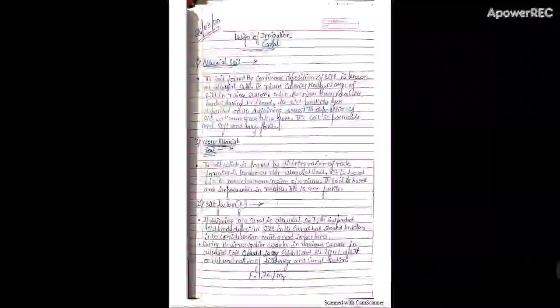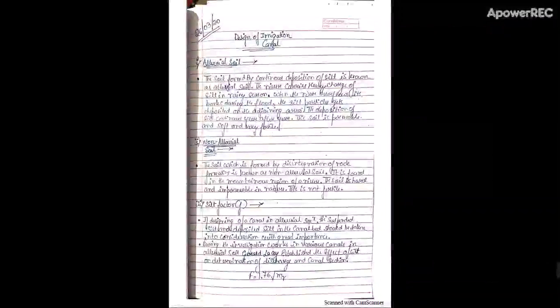This silt factor would be affecting the flow of water through the canal, and it would also affect the velocity of the flow, and in connection to the velocity of flow, it would also impact the discharge of the canal, and on that basis we would be designing the canal section. So this silt deposition should be taken into consideration while designing an irrigation canal.